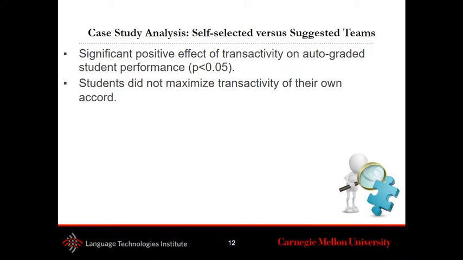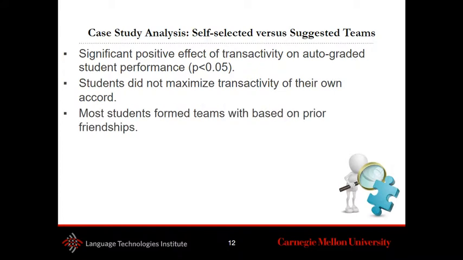However, when students assigned themselves to teams, we checked to see whether, in their own self-selection, they would choose teams that were just as good on our criterion score. But in fact, they, on average, chose to assign themselves to teams that had a significantly lower criterion score than the ones that they were assigned to via the algorithm.